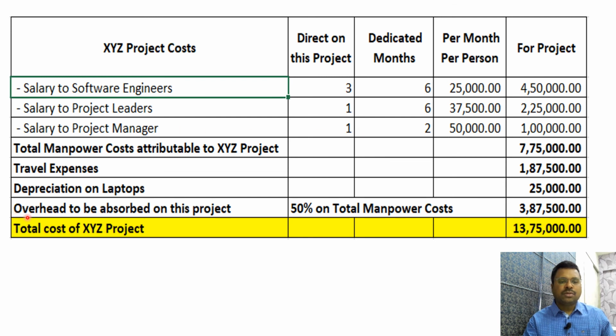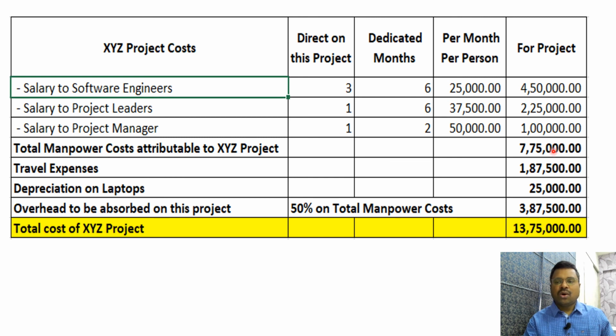And coming to overhead to be absorbed on this project, we have calculated what is the absorption rate. It is 50% on total manpower cost. What is the total manpower cost attributable on this project? It is 7,75,000. On this 50% is 3,87,500.